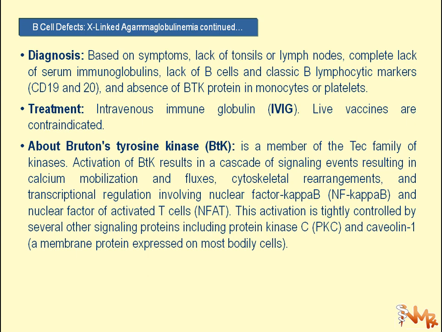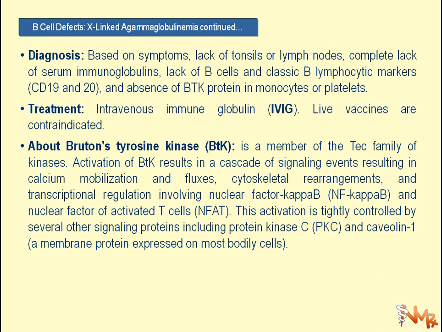This is a member of the TEC family of kinases. Activation of BTK results in a cascade of signaling events resulting in calcium mobilization and fluxes, cytoskeletal rearrangements, and transcriptional regulation involving nuclear factor kappa B, the abbreviated term for it is NF kappa B, and nuclear factor of activated T cells, NFAT.